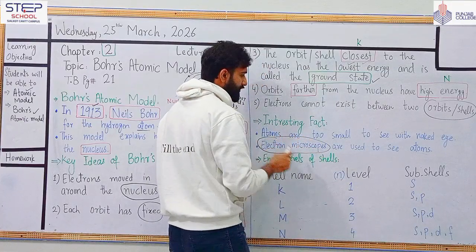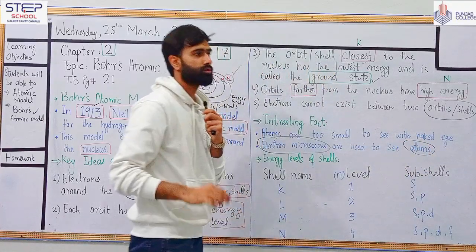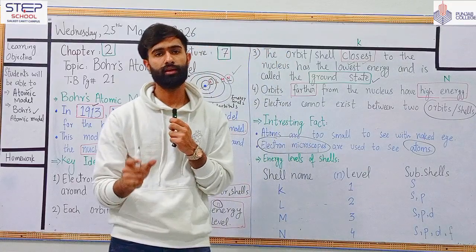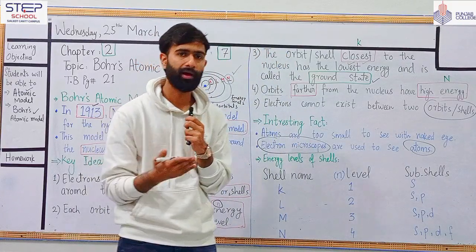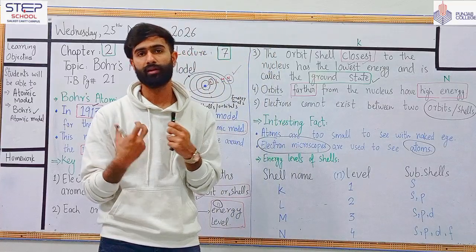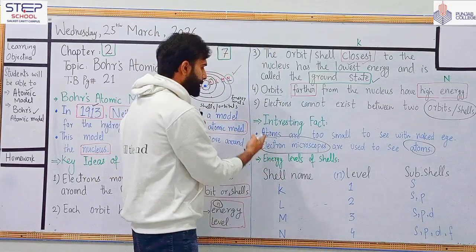Atoms are extremely small, so they are not seen by common or compound microscopes. Electron microscopes are used to see atoms.